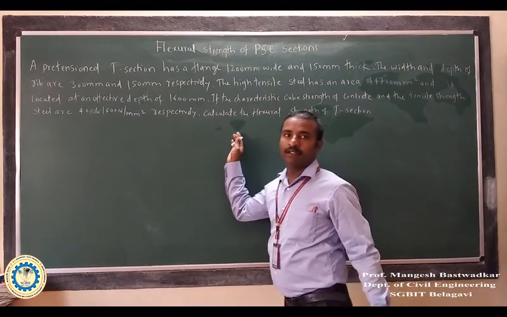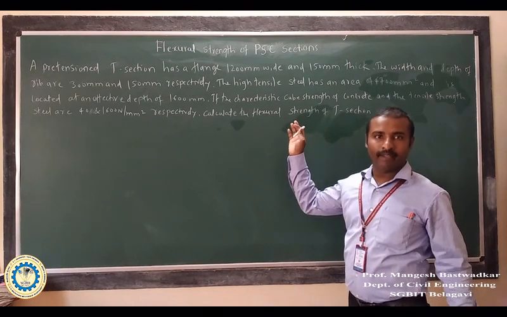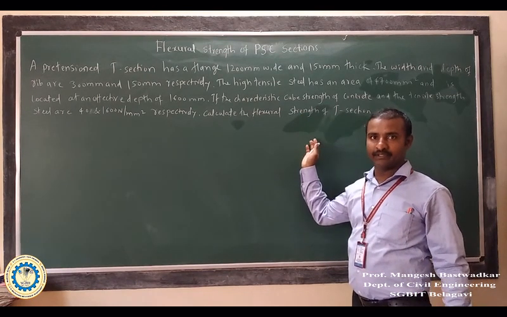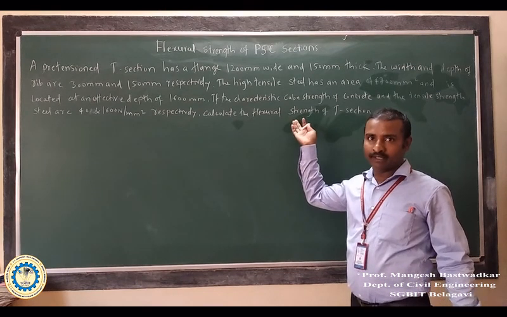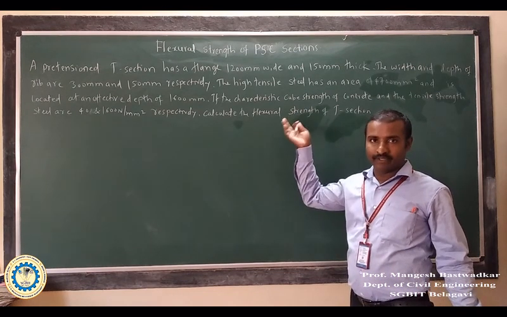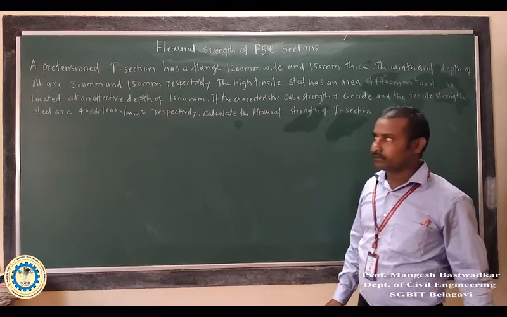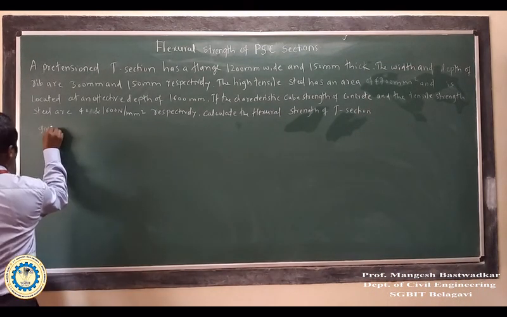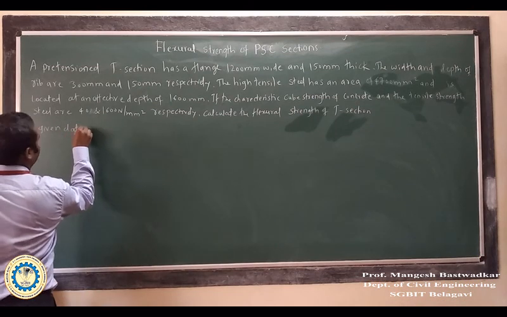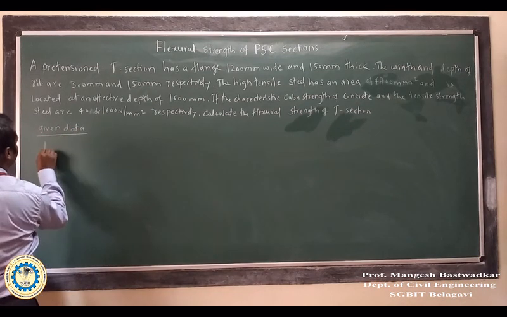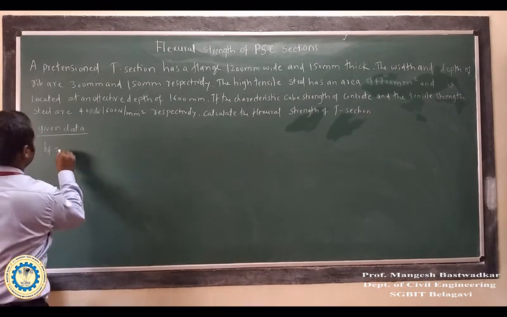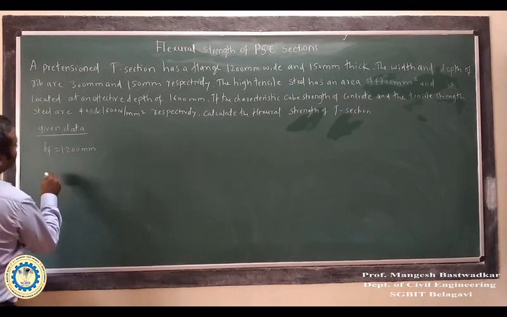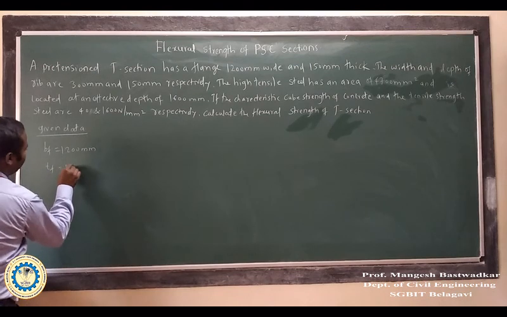This is the third type of problem. A flanged section, where the neutral axis may lie below the flange, but we don't know. We have to check whether it lies within the flange or below the flange. Okay, so we will write the given data. Width of the flange is 1200 mm. Thickness of the flange is 150 mm.